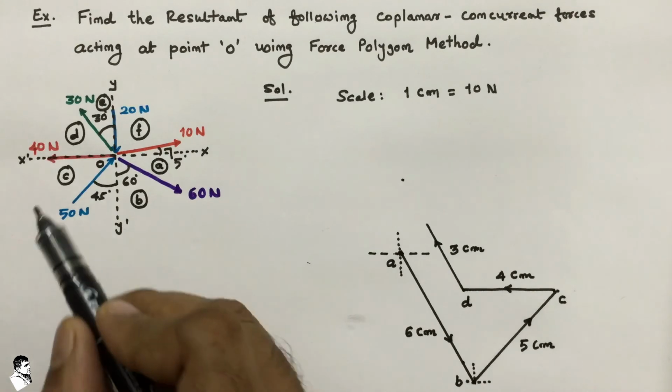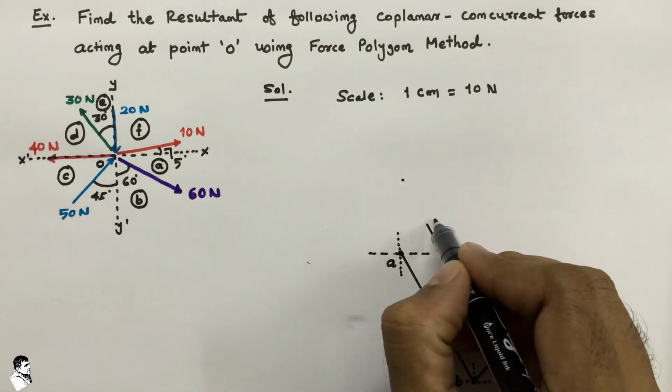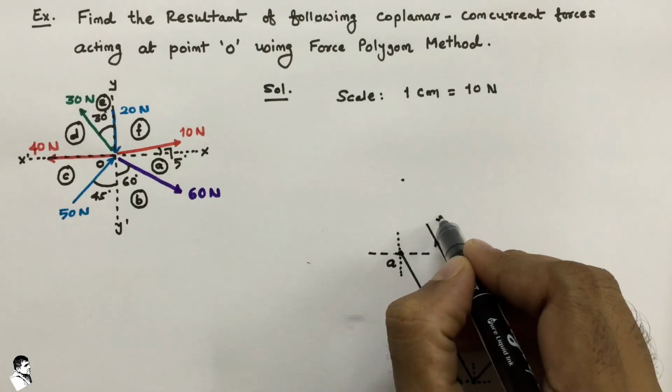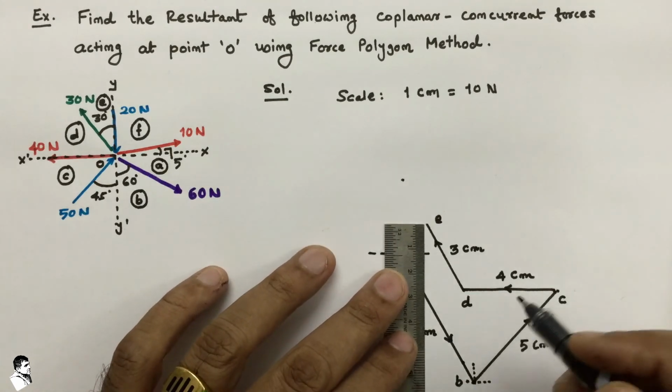Now the last forces. E to F is a 20 Newton force, which is exactly a 2 centimeter vertical downward line.